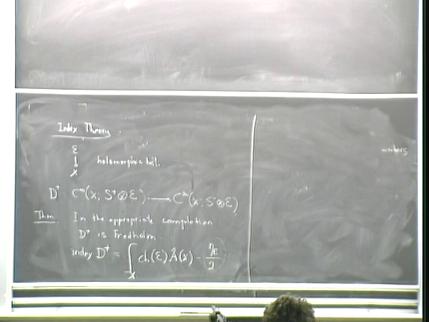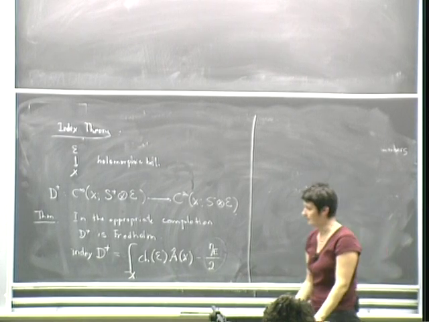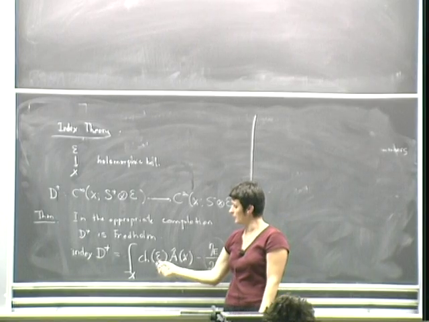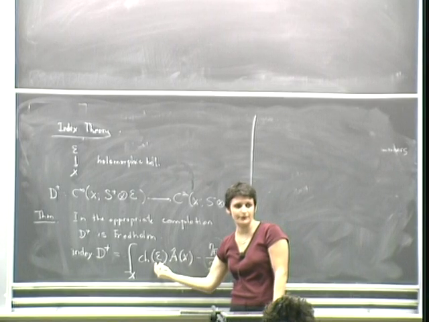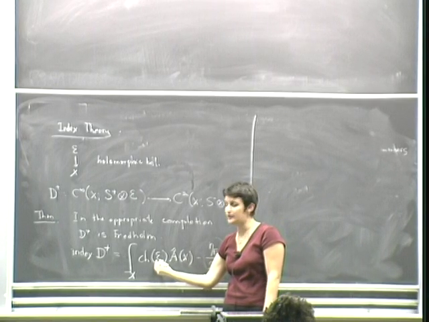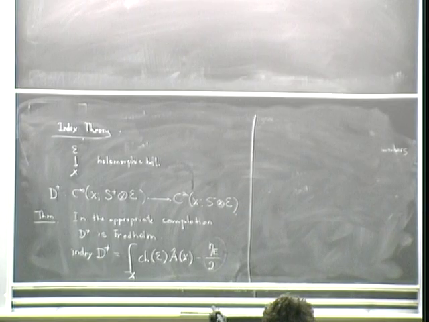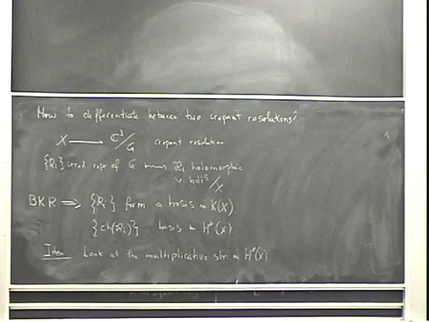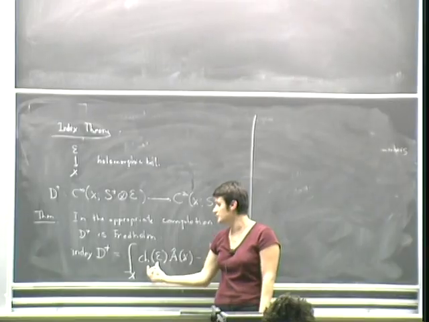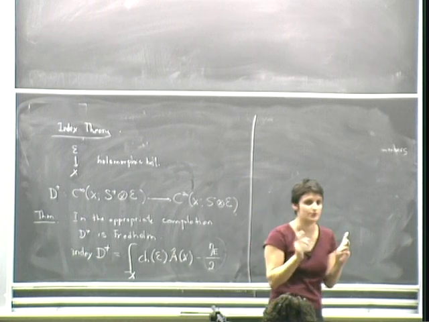But what's really nice about this formula is that if you replace this holomorphic bundle E by one of these bundles, Ri tensor Rj, then since the Chern character is multiplicative, you will get some information about the multiplicative structure in cohomology.